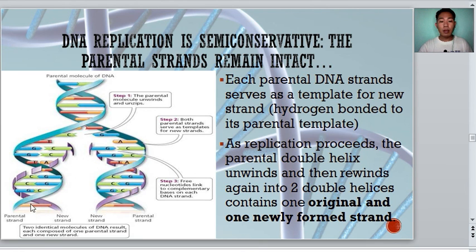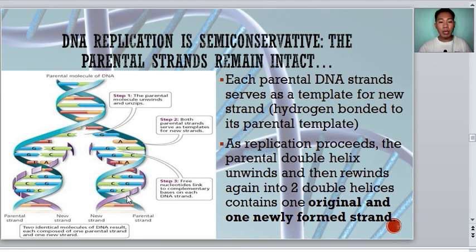So notice in this illustration that this one is a parental strand and another one is the parental strand. So they undergo replication. Notice that there is an addition of the new strands.